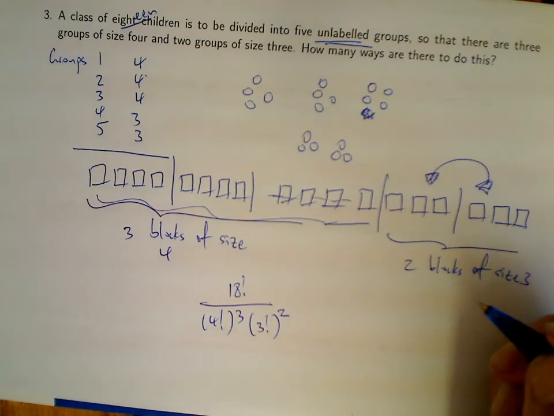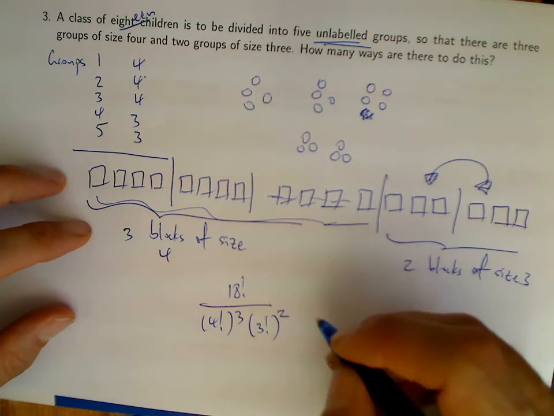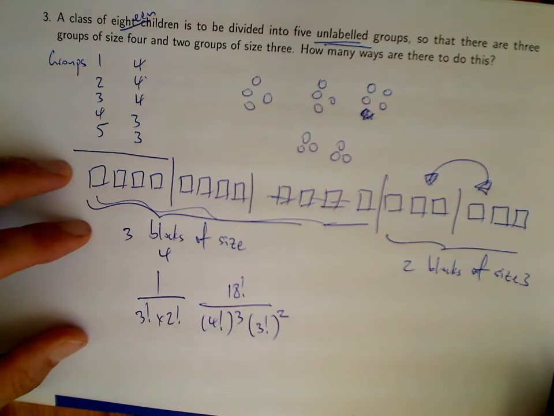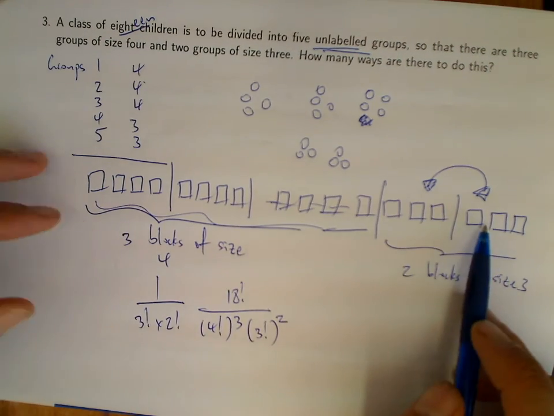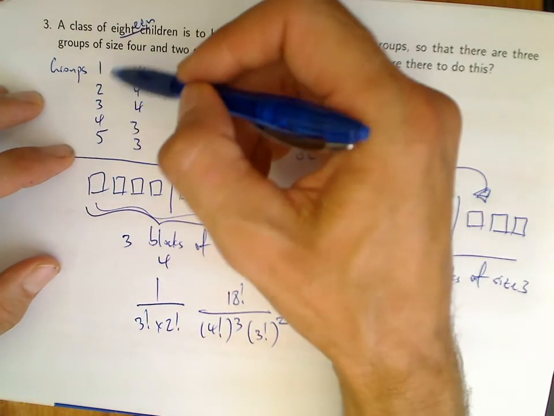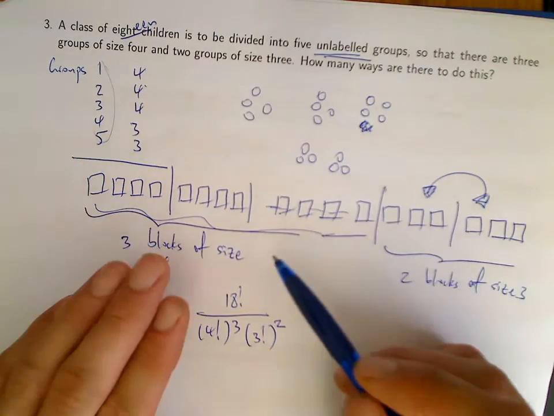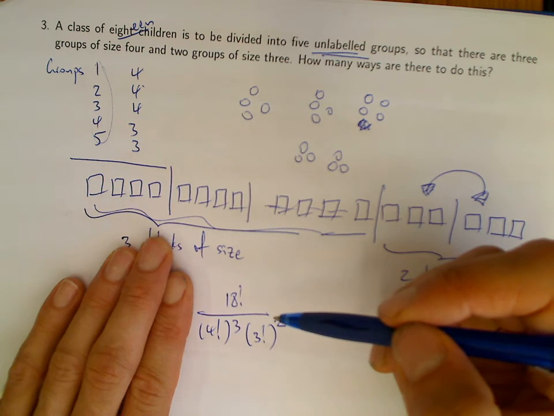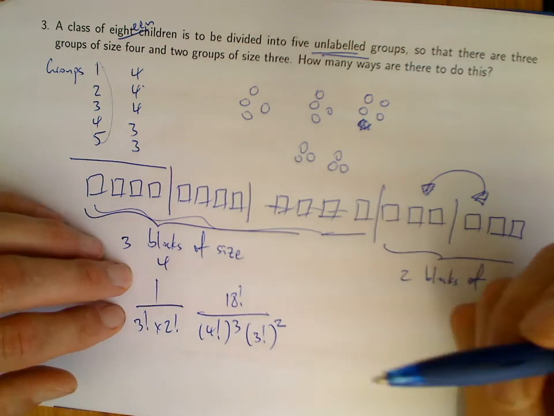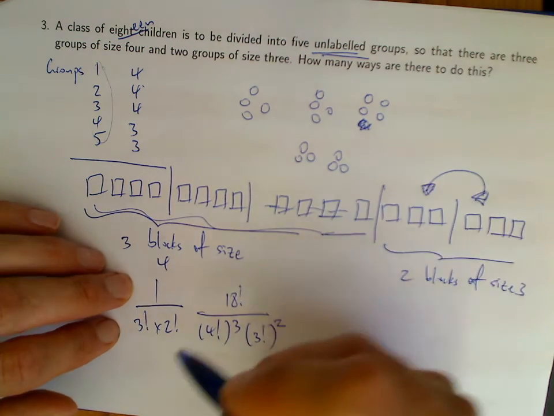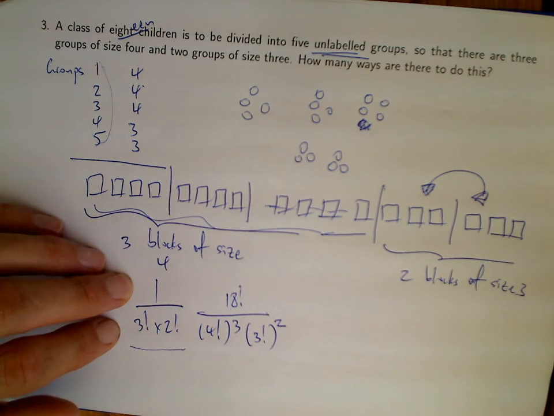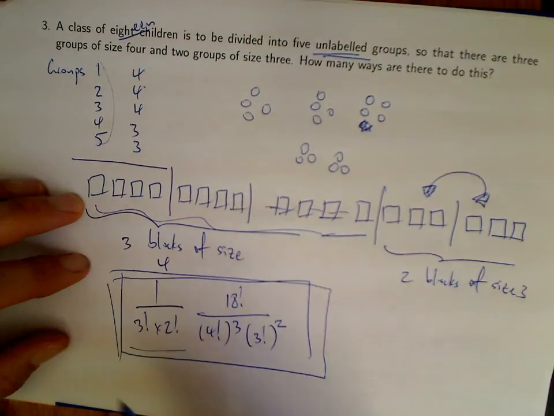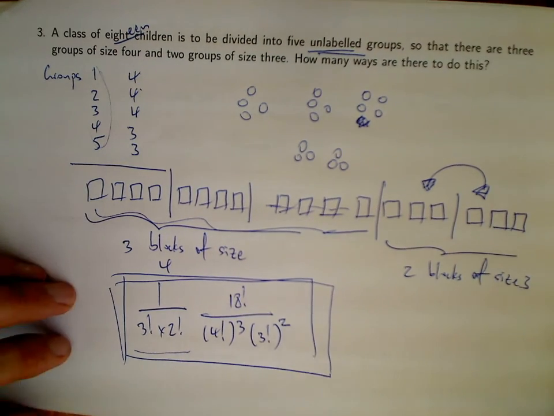So because the groups aren't labeled, we actually need to divide by that 3 factorial times 2 factorial, which accounts for the number of ways once we take away the labels. So this was the answer we get if we label the groups as 1 to 5, and then if we take away the labels, we need to divide by this to account for that. Okay, and so that's our final answer there.